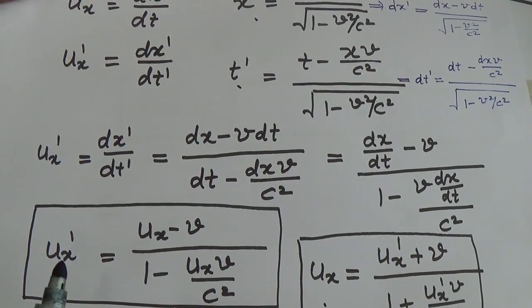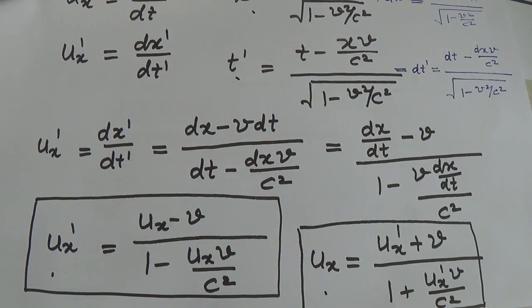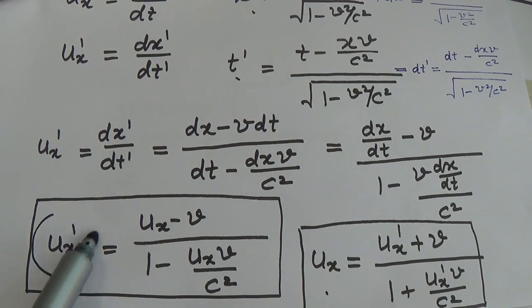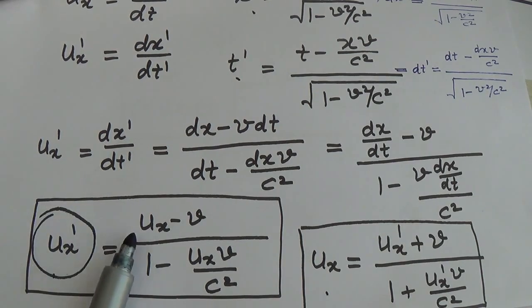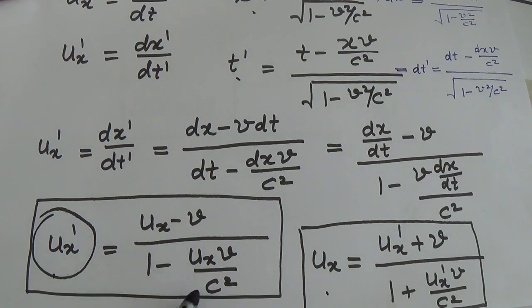One of the important points to keep in your mind to solve the numerical problem is that if I have to find out ux prime, then I will use this formula, ux minus v upon 1 minus ux v upon c square.